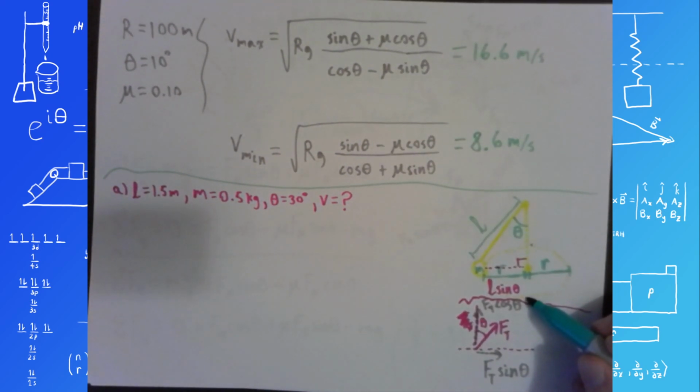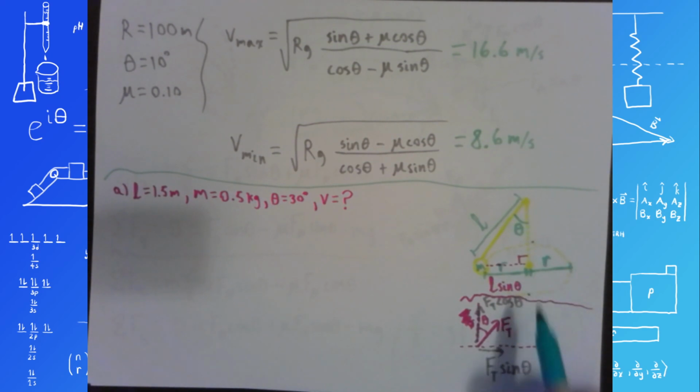And when the ball is over here, the net force would have to be in that direction. So wherever the ball is at any given moment in time, the net force has to be towards the center and only towards the center, which means net force in other directions would have to be 0.